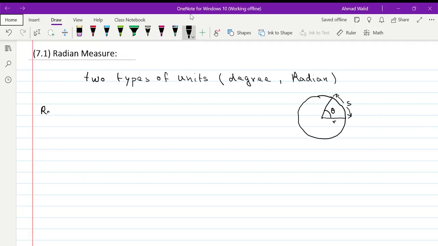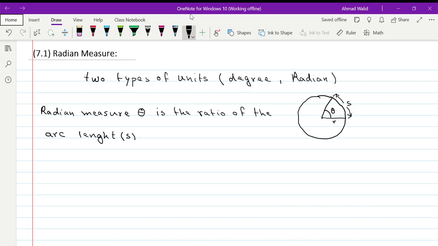Radian measure, let me put the definition for you. Radian measure of angle theta is the ratio of the arc length, arc length means S, right?